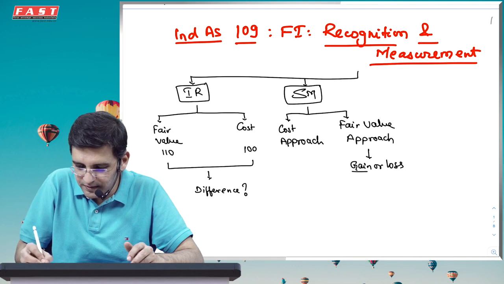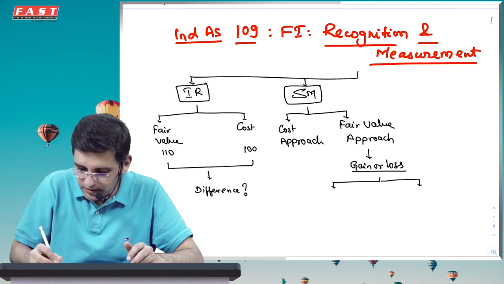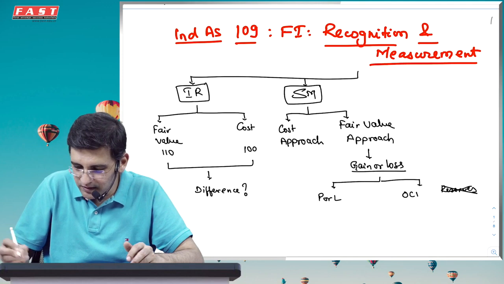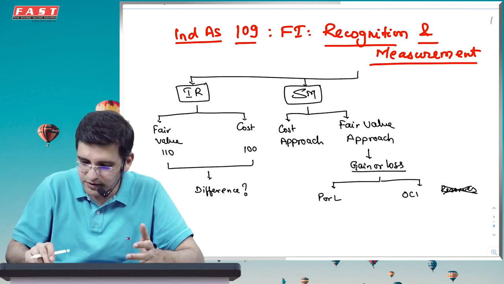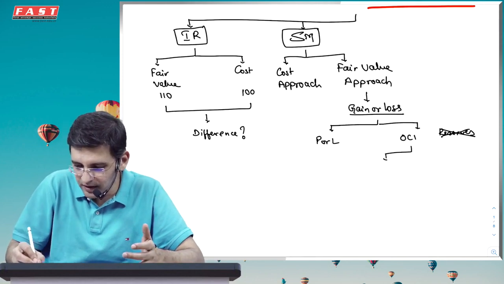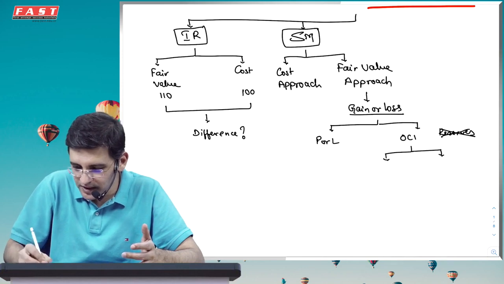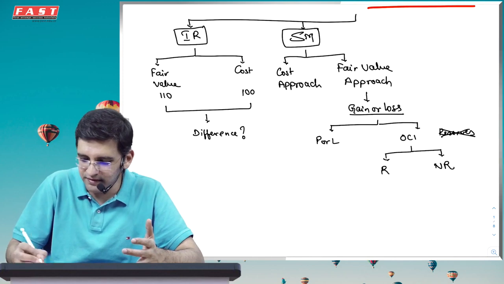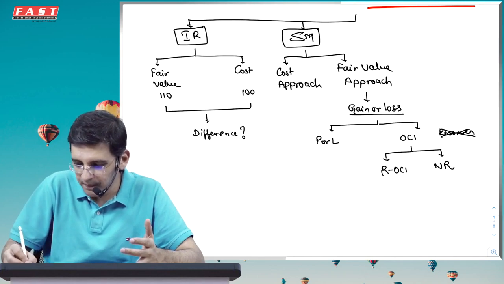And when I say there's going to be a gain or loss, the question is where this gain or loss should go. Should it go to PRL, or should it go to OCI, or should it go to reserves? In this Ind AS, there's no concept of bringing it to reserves. So we have two options, PRL or OCI, and within OCI, we have then two options. One is a reclassifiable OCI and another one is a non-reclassifiable OCI.